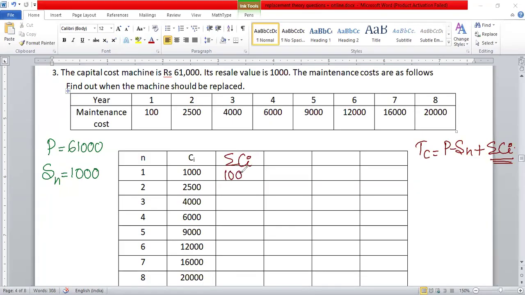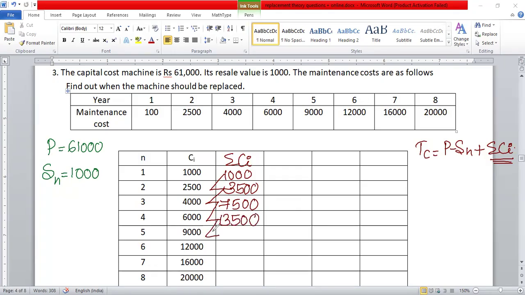The first one, 1,000. 1,000 plus 2,500, so 3,500. Then plus 4,000, so 7,500. Plus 6,000, so 13,500.